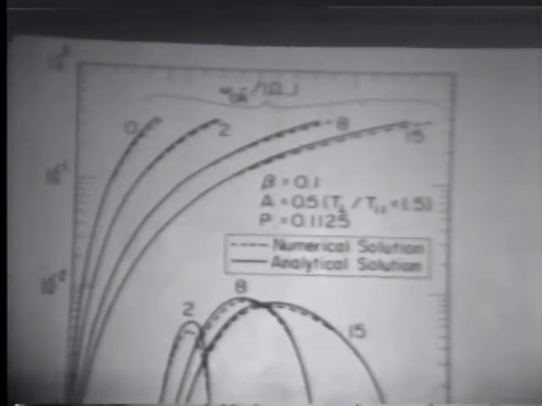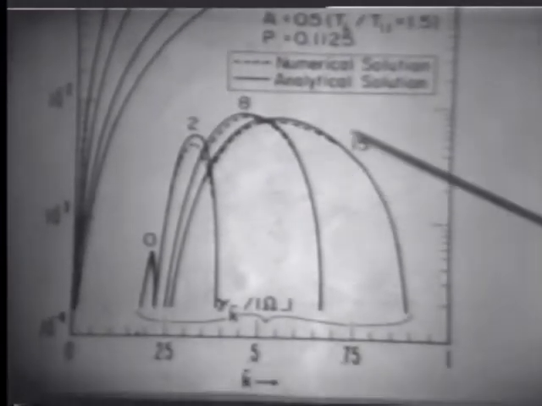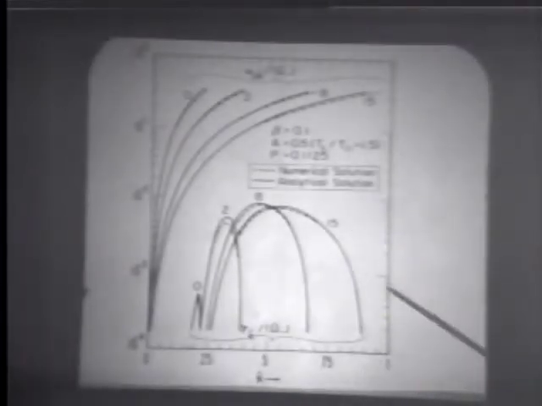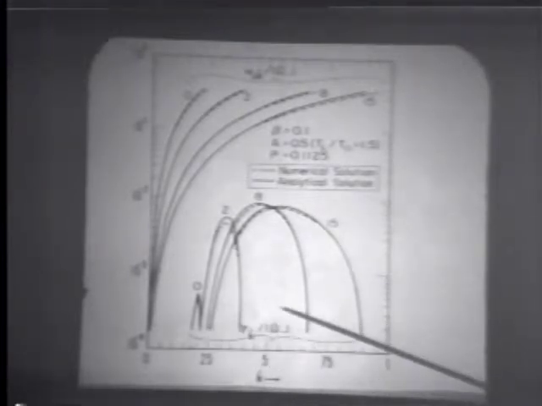They've parameterized the growth rates as a function of the ratio between the hot and cold plasma densities. 15 here would, for instance, indicate that the cold plasma density is 15 times the hot density. And what you can see is that for this particular set of conditions, the role of increasing the cold plasma density is to both increase the range in k-space over which the instabilities occur and also increase the growth rates themselves.